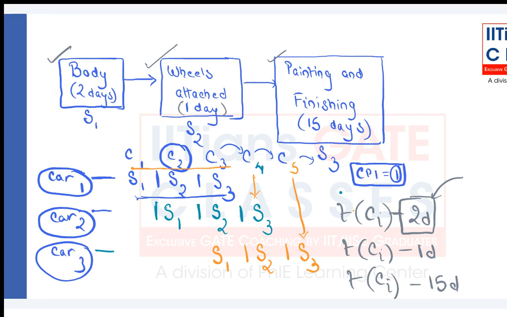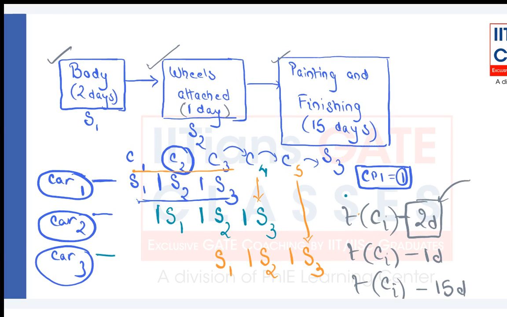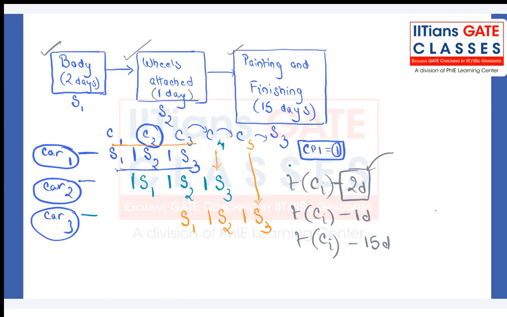Now, if you take the cycle time as the minimum, which is 1 day, that is also a disaster, because the body stage is taking 2 days. You're not even able to finish the body. You will have half a body finished of a car. So the safest bet, what computer systems do, is they take the max, which is 15 days.